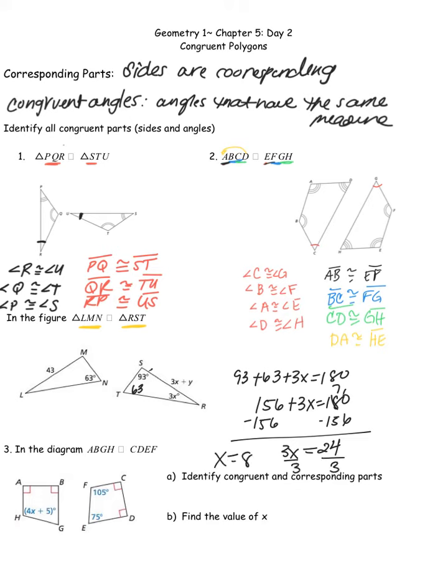Alright, and then to find y, we know SR is congruent to ML. So we know 3x plus y equals 43, because those are congruent. And x is 8, so 3 times 8 plus y equals 43. 24 plus y equals 43. Subtract 24 from both sides, and we get y equals 19.